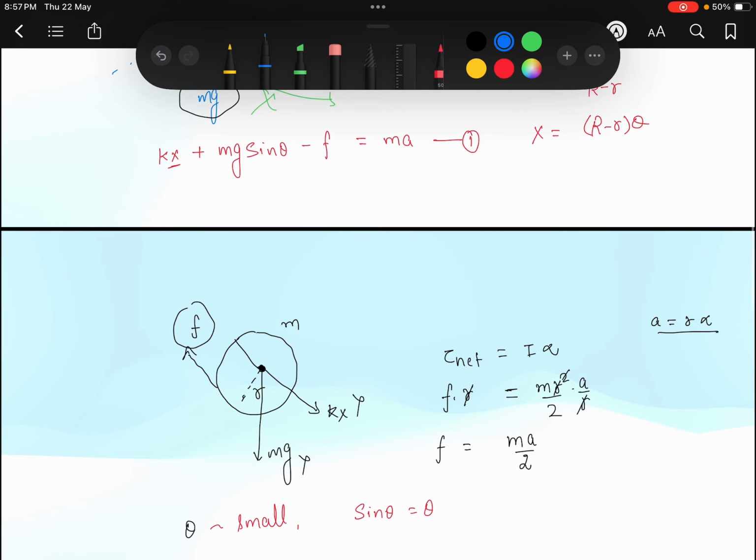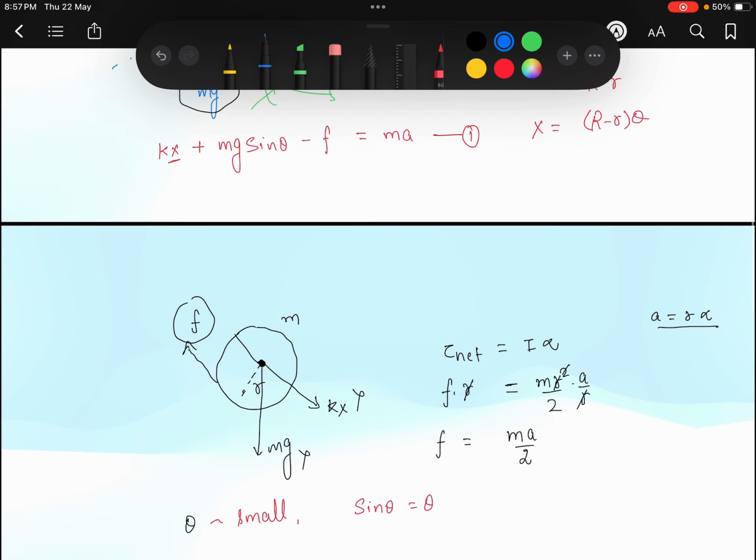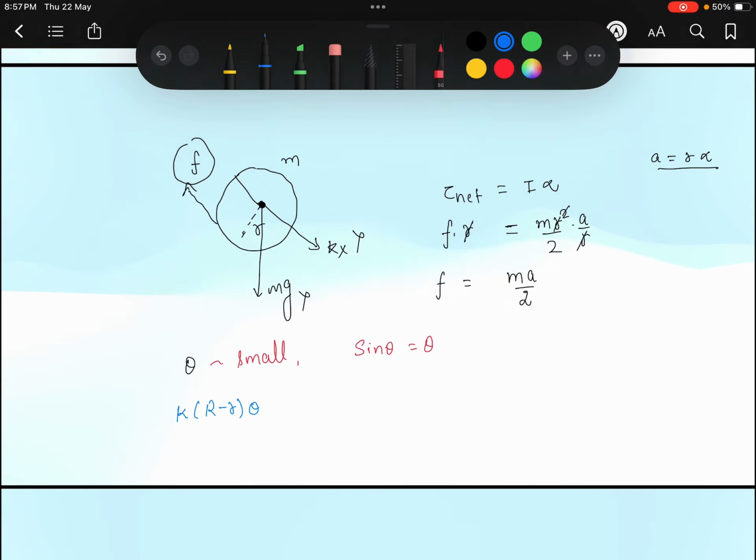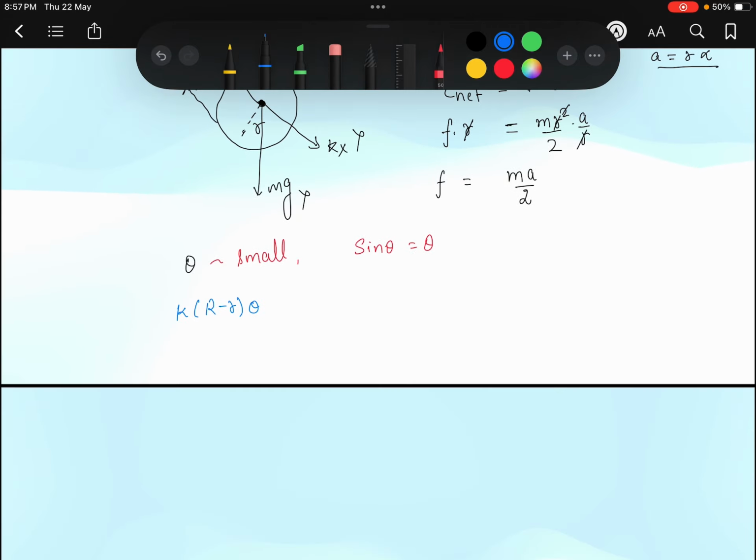So we will write this equation again, that k into capital R minus small r into theta, right? And plus mg theta minus this frictional force is equal to ma by 2, and this is equal to mass into acceleration of this body, right?